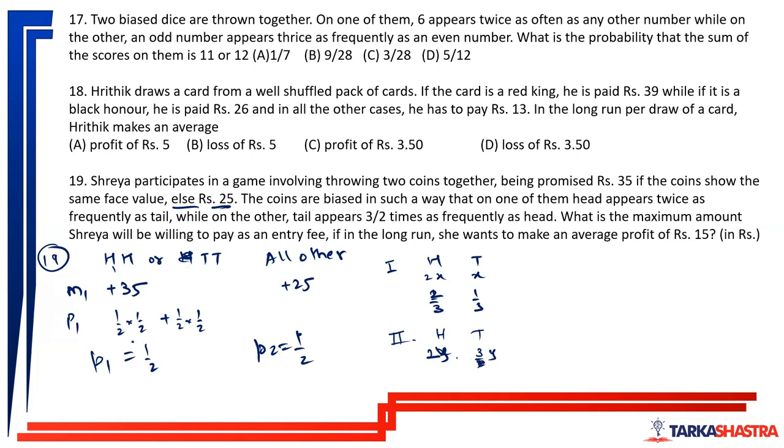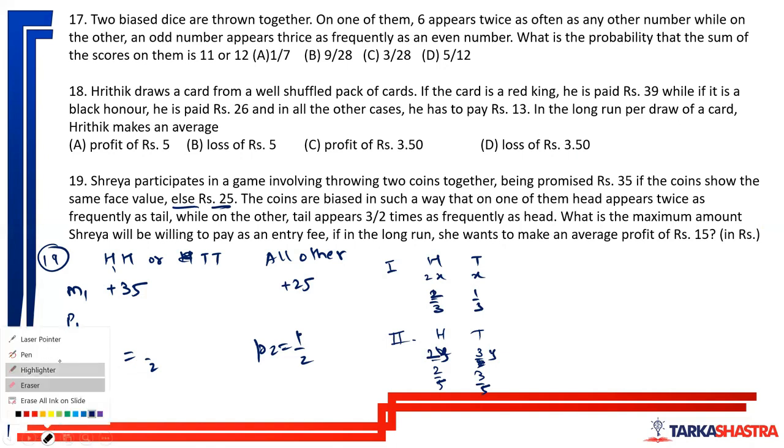So now the probability of heads will be 2 by 5 and the probability of tails will be 3 by 5. Yes or no? Total there are 5 cases, of which heads has 2 cases and tails has 3 cases. Now the things will change. The probabilities will also change.